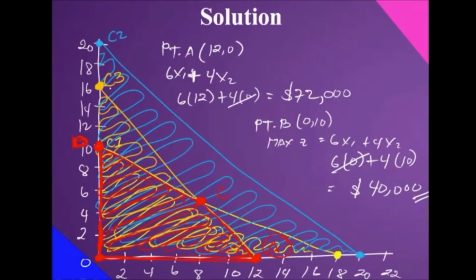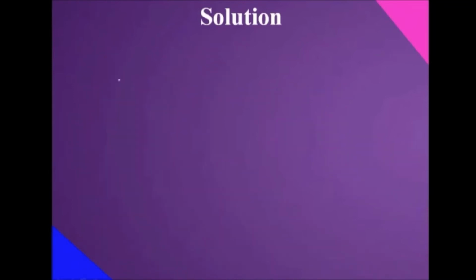Ibig sabihin, constraint 1 and constraint 3, pagsamahin natin sila for us to be able to find the value of our point C. So, let's have ito, point C. Lagyan natin intersection para maalala lang natin of C1 and C3.